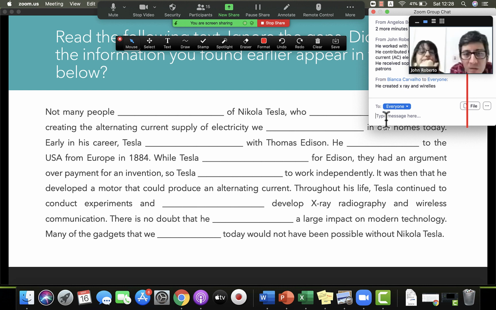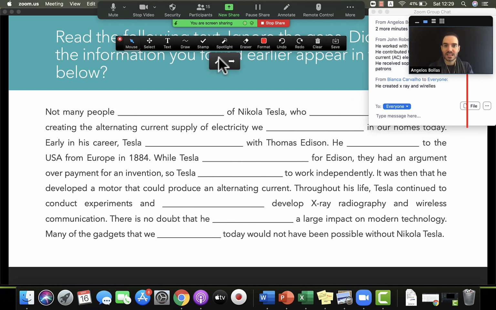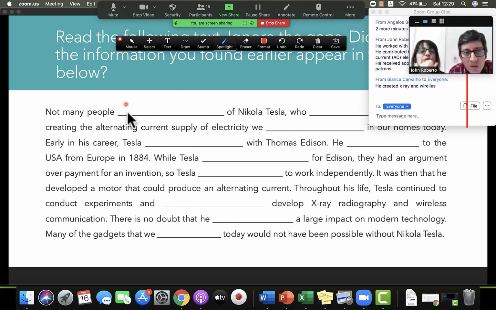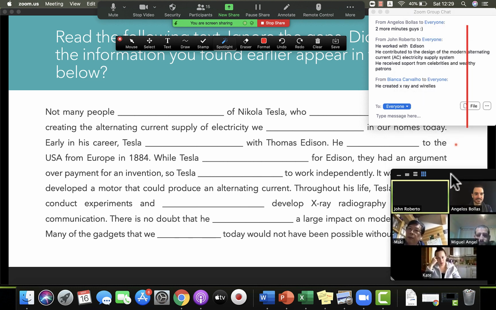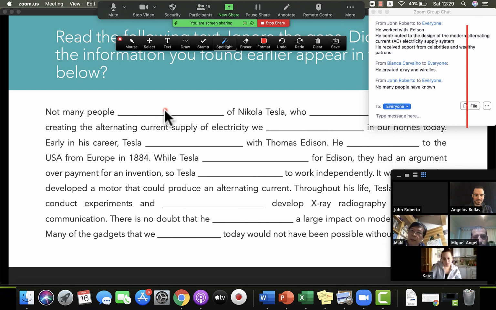So what would the sentence be? Can you type it in the chat box, all of you? Not many people have known. Maybe didn't know? Could be this.